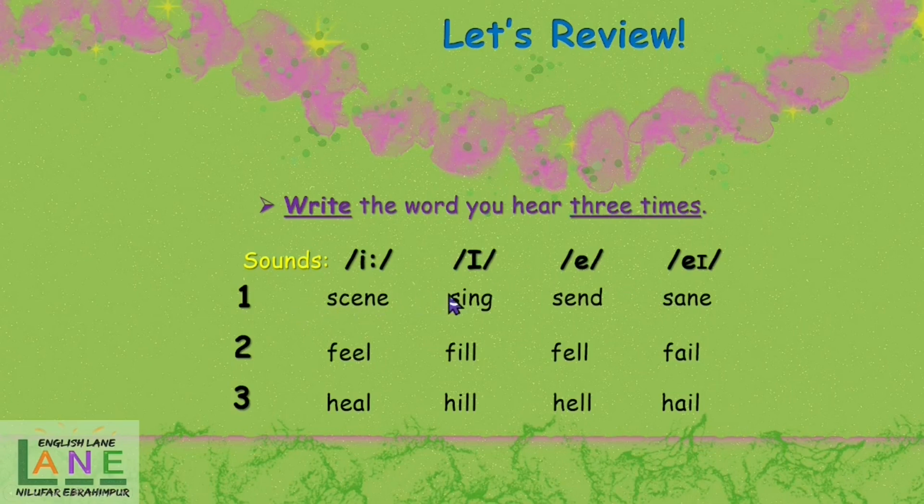When I say words from this group, I say one of the words 3 times. So pay attention and have your pen or pencil ready to write down that word that you hear how many times? 3 times. Only one word will be pronounced 3 times, just one word from each group.